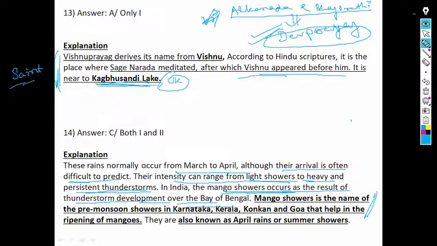Mango showers is the name of pre-monsoon showers in Karnataka, Kerala, Konkan and Goa that help in the ripening of mangoes. They are also known as the April rains or the summer showers.